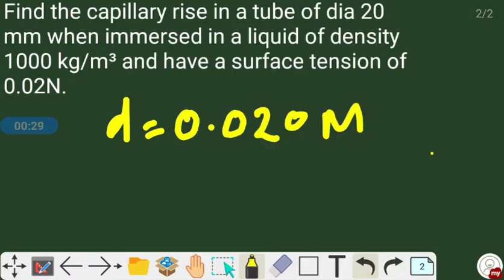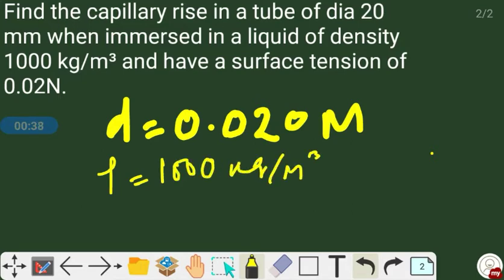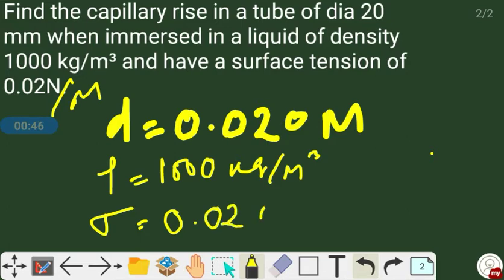Okay, and density of liquid is given, that is 1000 kg per meter cube, and surface tension sigma is given, that is, okay, this is Newton per meter, printing mistake, 0.02 Newton per meter. So the questioner asked the capillary rise.